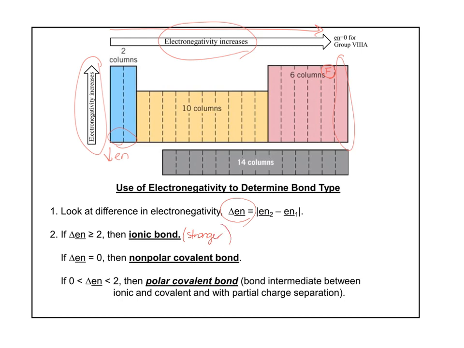Just remember that. Then, if your delta EN value is 0, that means the two atoms you are subtracting have the same electronegative value. We call that a nonpolar covalent bond. Now, we know what covalent bonds are, but what does the nonpolar part mean? Remember, with electronegative values, we're thinking of tug of war.